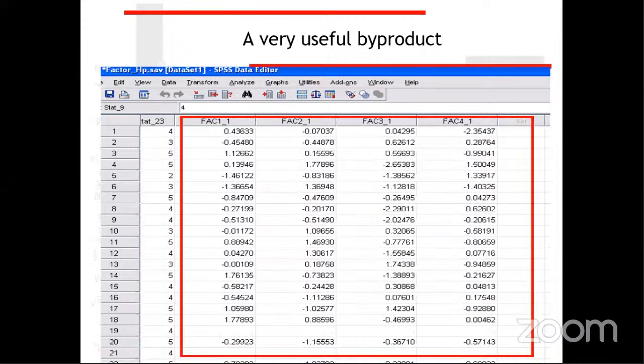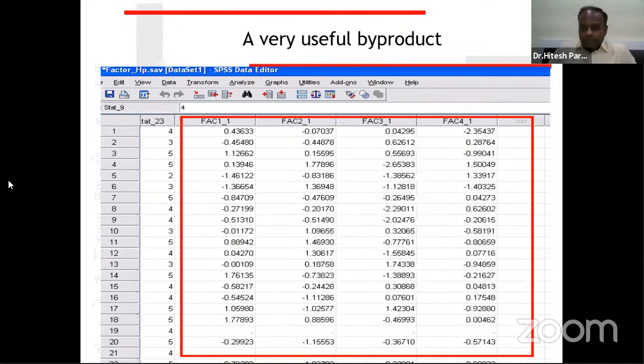Sir, by doing this exercise, what are we going to conclude, what are we going to interpret out of this? We are going to interpret that they are not 23 separate dimensions, but they can be clubbed into 4 meaningful factors.